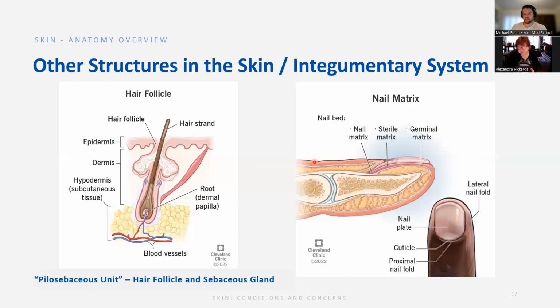Now, as mentioned, the integumentary system in our bodies is also made up of the hair and nails, and I'm not going to go much more into it than this, but just for your interest, I've included a schematic of what that looks like. So first here we have hair follicles, and as you can see, they go into the dermis layer of our skin, extending all the way through, and they have these little sacs right next to it, which are actually glands.